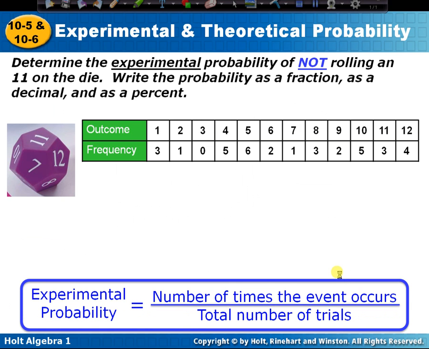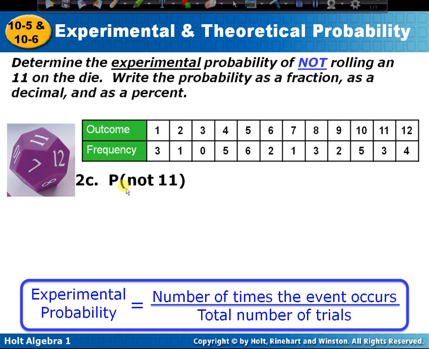So now we're going to look at the complement of the event, the chances that it's going to be anything other than the number 11 when I roll that 12-sided die. So I have to go back again and look at my number of trials, and this is the same table you've already copied down.